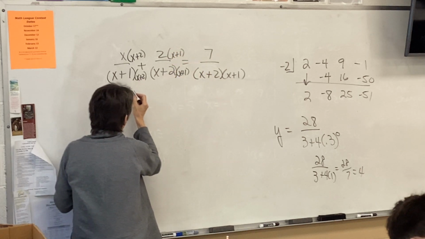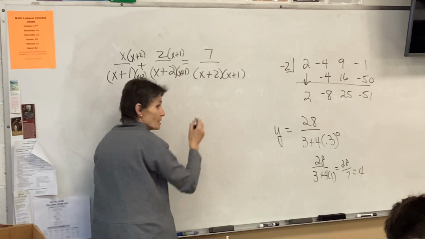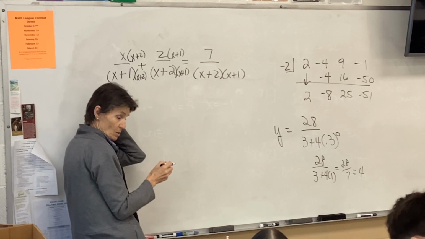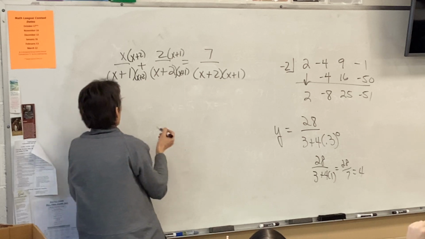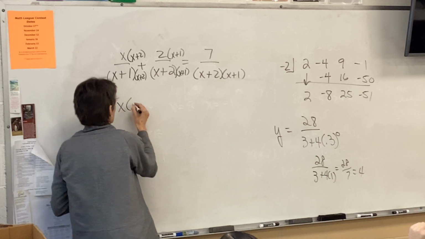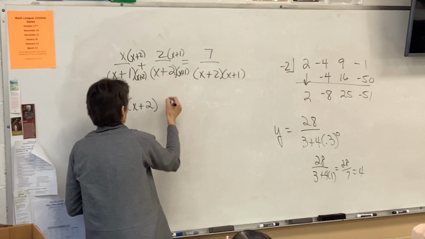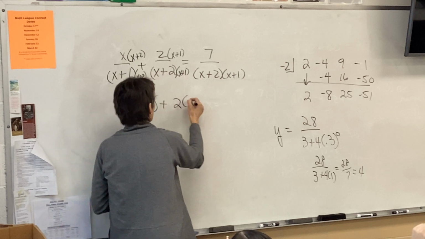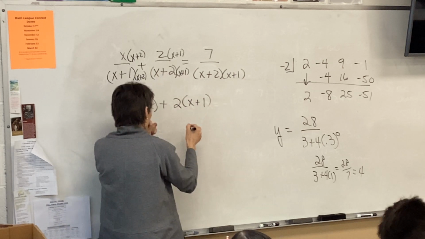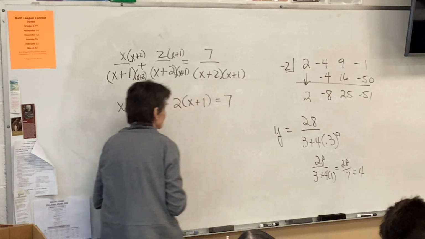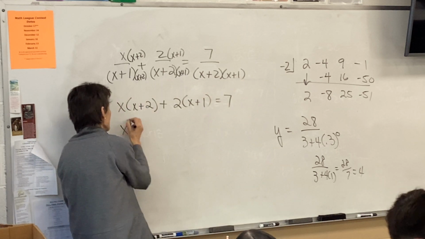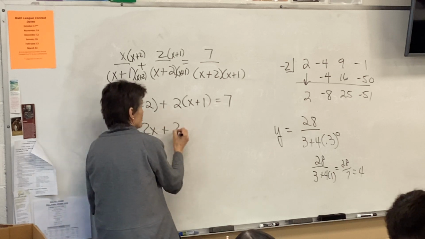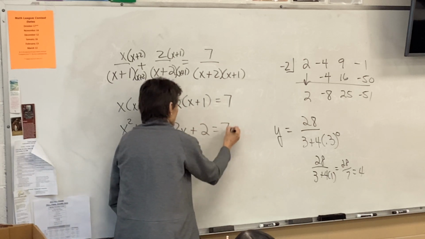And now do all the denominators match? So why did I do that? What can I do now? I just drop them. So we have x plus 2, plus 2x plus 1, equal to 7. So x squared plus 2x plus 2x plus 2 equals 7.